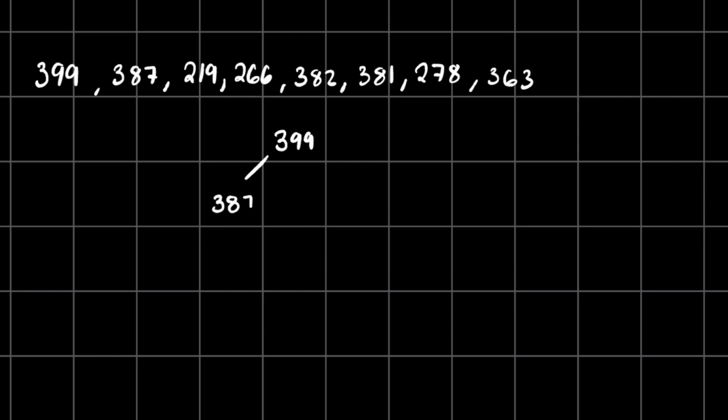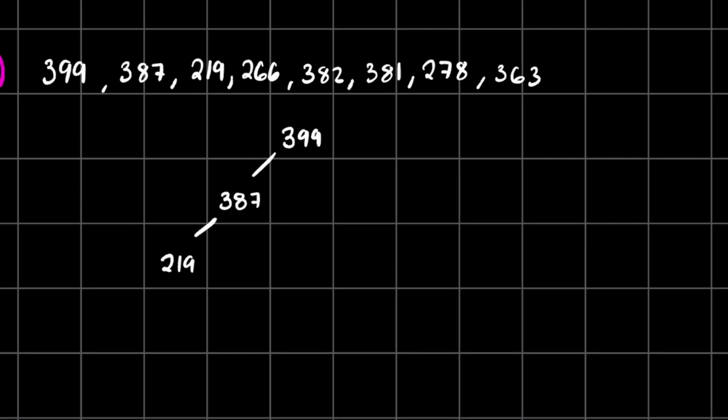So 387, right? And 219 is gonna go again to the left, as it's lower than 389, and to the left of 387. 219, right?